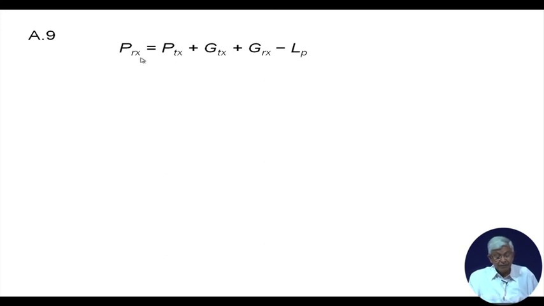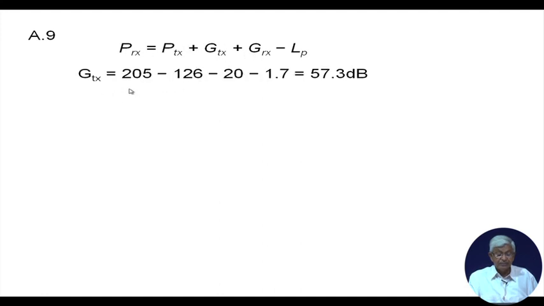The received power P_receive at the earth station is the transmitted power from the satellite, plus the transmit antenna gain, plus the receive antenna gain, minus the path loss. In this case only path loss is mentioned. These are all in dB, that is why plus and minus. Except for G_TX, the transmit antenna gain of the satellite, all other values are known.